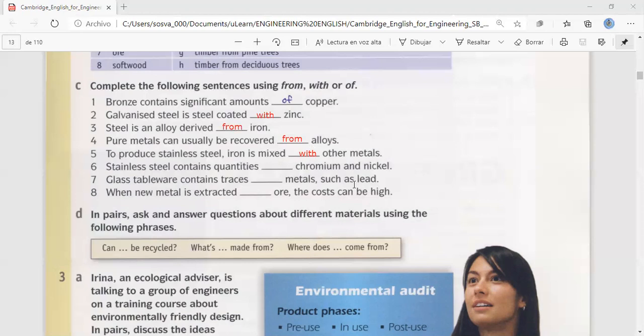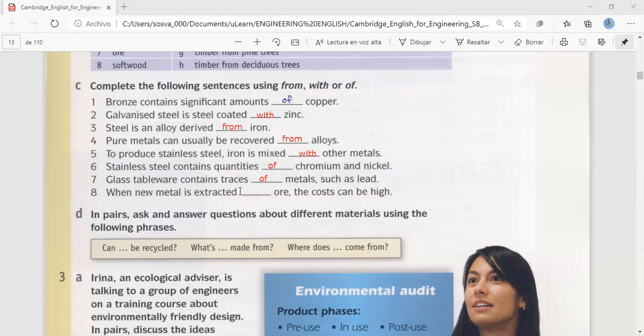And number 7 is glass tableware contains traces of metal such as lead.